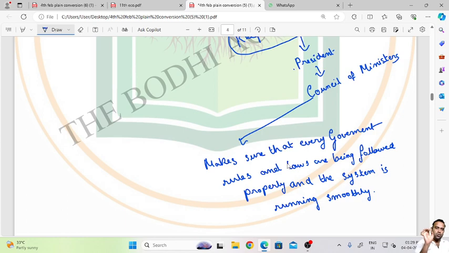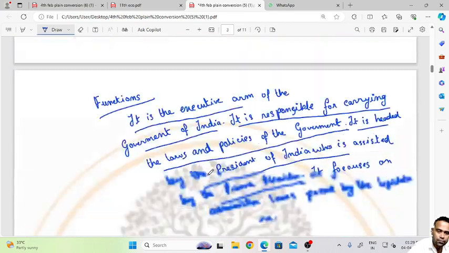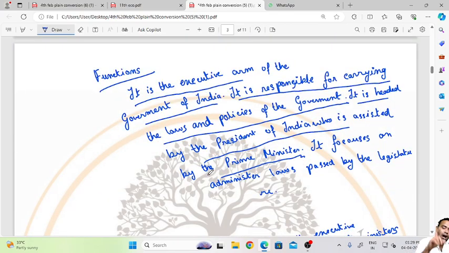That is why we consider that the Union Executive is known as the arm of the government of India. It is basically the backbone of the government of India.